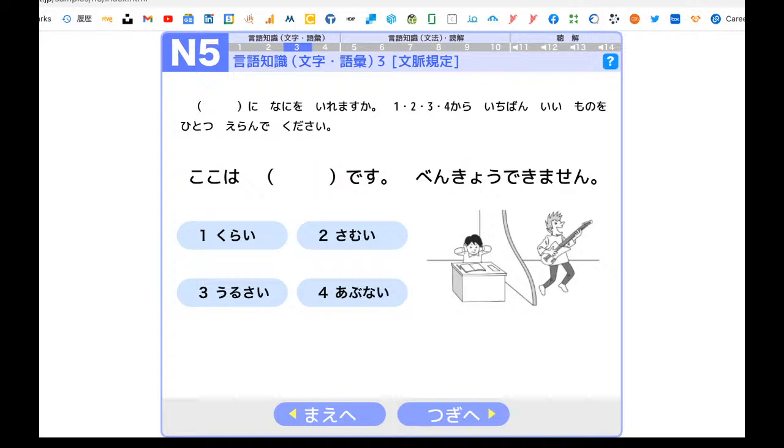And then you need to pick the reason for not being able to study. The first option is 暗い. It's dark. The second option is 寒い. It's cold. The third option is うるさい, noisy. The fourth option is 危ない. Dangerous. Which one do you think is the most appropriate one?